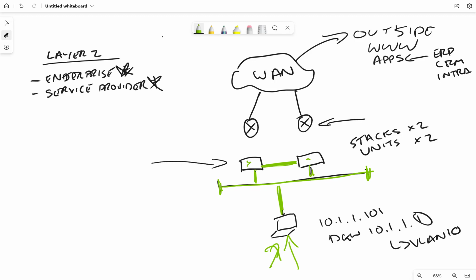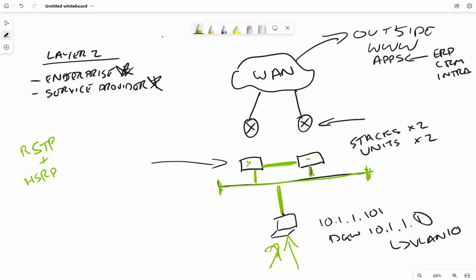Now, because this is a CCDE level video, I expect you to understand the workings of spanning tree protocol. And as a result of that, I'm just going to give you a little point in the right direction and say that in this type of scenario we used to use in the olden days, I suppose, it's probably not that long ago, but maybe 5 or 6 years ago, it was fairly common to use spanning tree protocol or rapid spanning tree protocol plus HSRP.